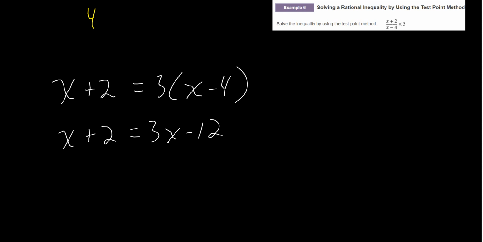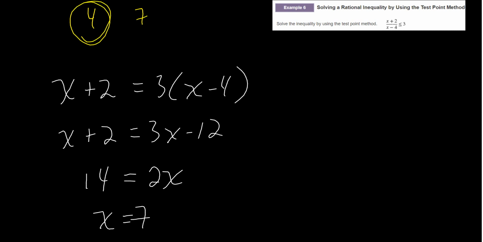Solving here, it looks like we can subtract 2, add 12, so we've got 14 is equal to 2x, or in other words, x is equal to 7. So 4 and 7 are going to be my boundary points. Again, the 4 I just got because that's what makes the denominator equal to 0. The 7 because I got rid of the inequality, put an equal sign, and solved.